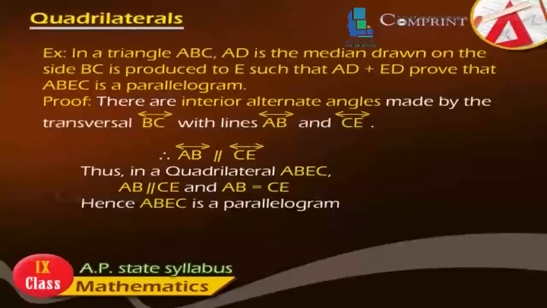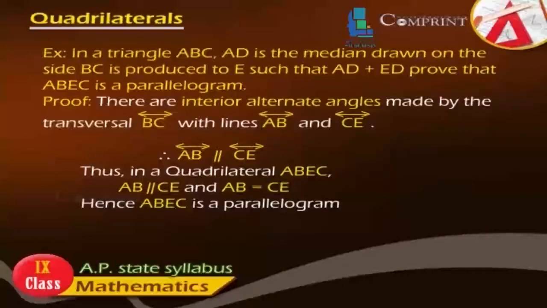Example: in a triangle ABC, AD is the median drawn on the side BC, and it is produced to E such that AD equals ED. Prove that ABEC is a parallelogram. Proof: there are interior alternate angles made by the transversal BC with lines AB and CE.